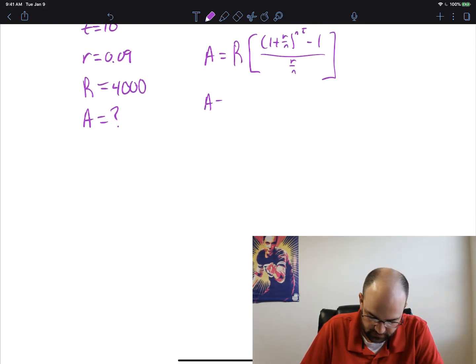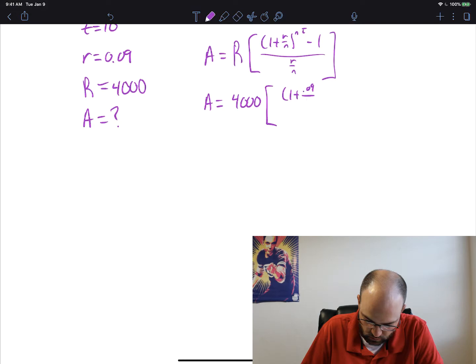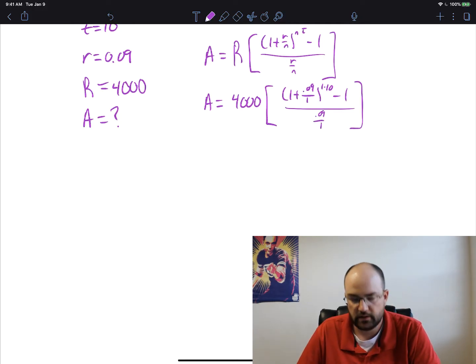So the future value is just going to be 4,000 times parentheses 1 plus R of 0.09 over 1 to the 1 times 10, minus 1, all over 0.09 over 1. And then you just type it in.